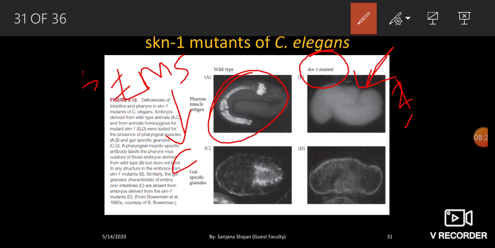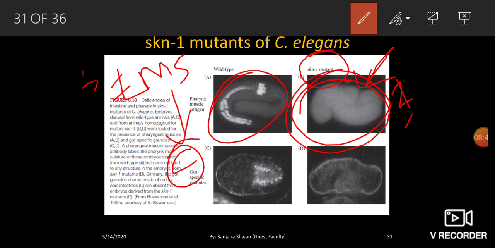So when the SKN1 gene is mutated, the EMS cells get respecified as C, and you find a structure full of muscles and only hypodermis and skin. They also concluded that only those cells which were destined to form the pharynx and intestine were affected by this mutation.